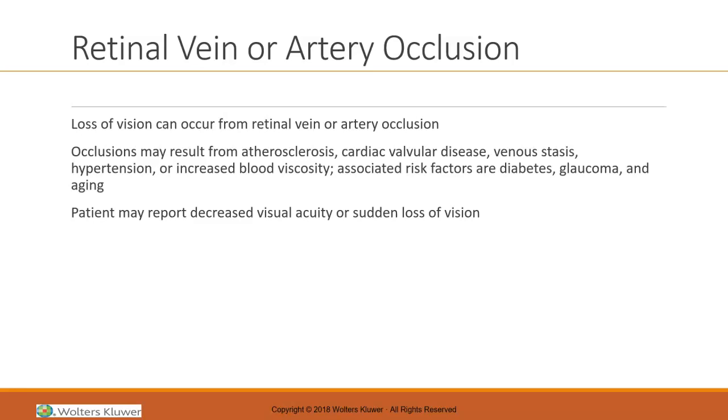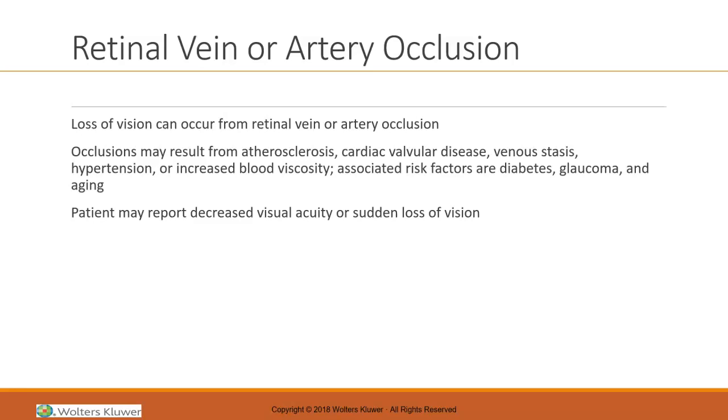Anyway, on to retinal vein or artery occlusions. That's where we have a loss of vision because we have either a vein or an artery that's occluded, so that eye is not being fed, essentially. This can be caused by the things that would cause a vascular occlusion in any other part of the body, like atherosclerosis, cardiovascular disease, venous stasis, hypertension, increased blood viscosity, and again, diabetes, glaucoma, and aging are all risk factors.